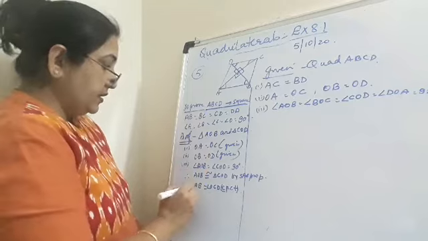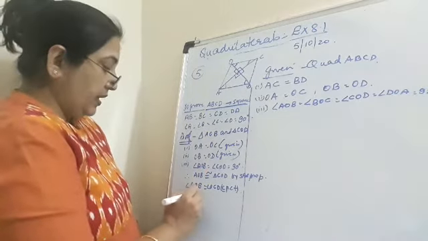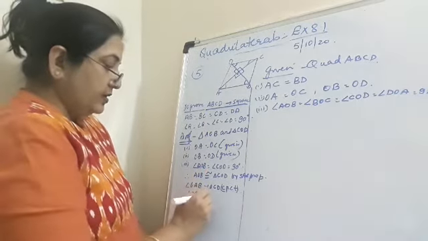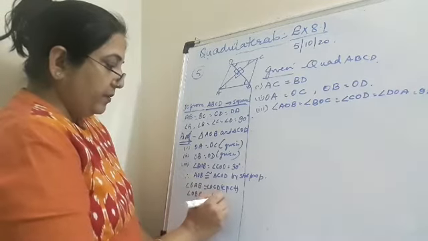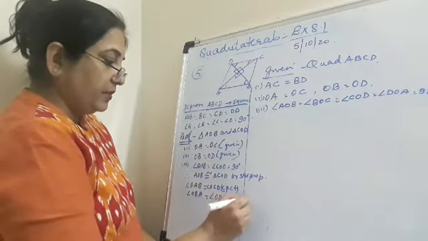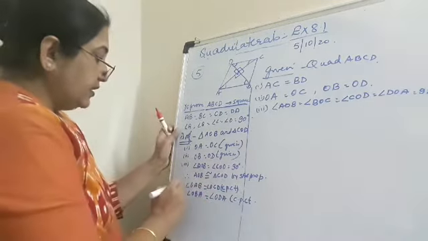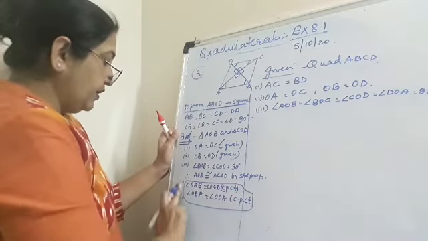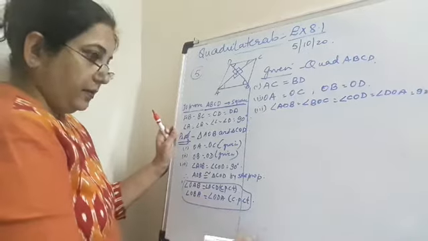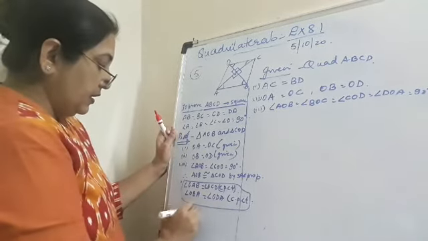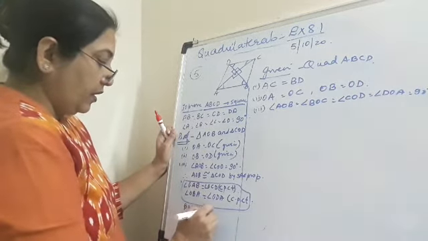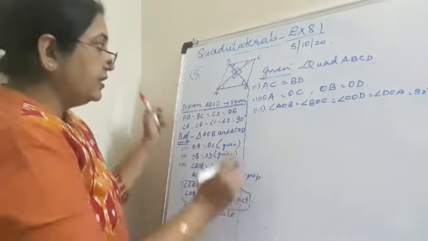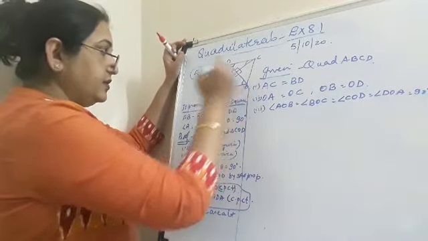Similarly, I will write angle OBA is equal to angle ODC, again by CPCT. Now you know that both these pairs are alternate interior angles.